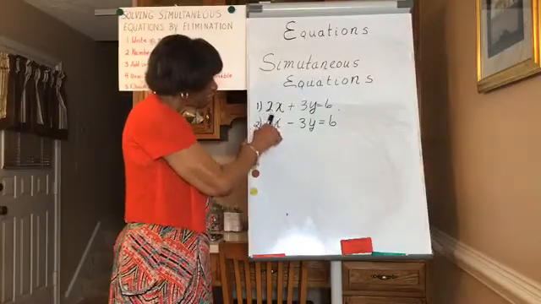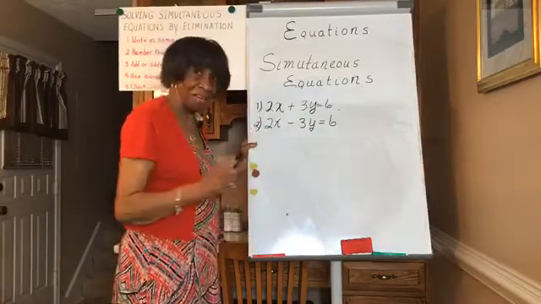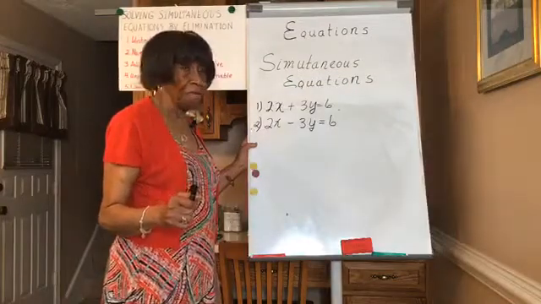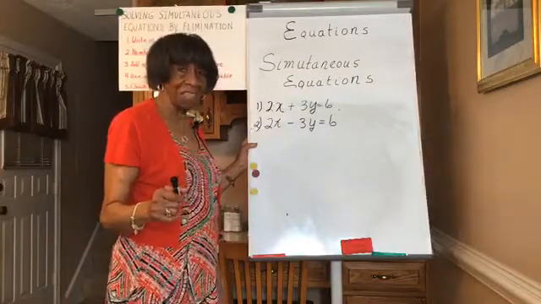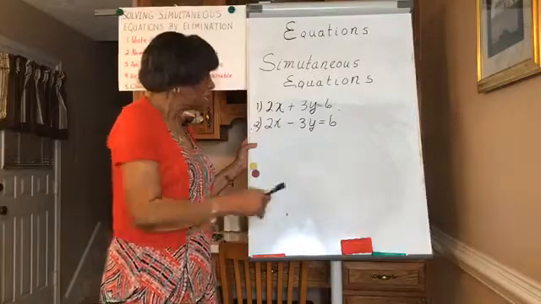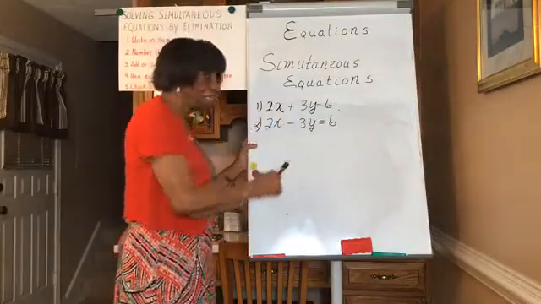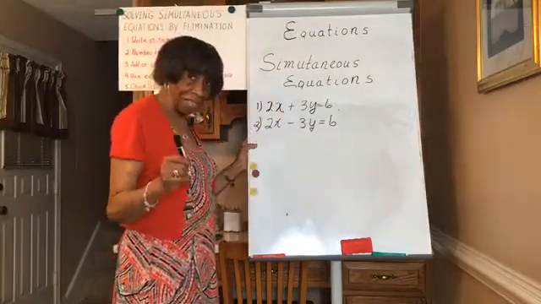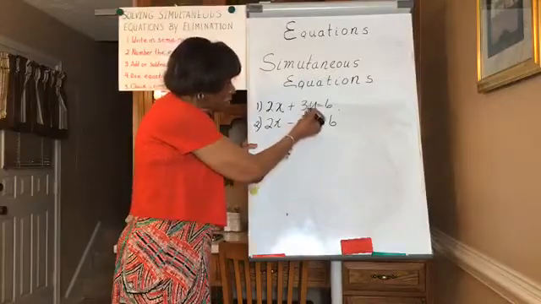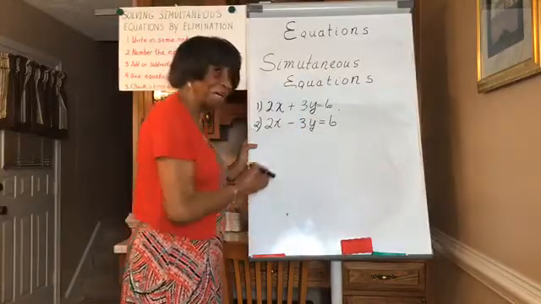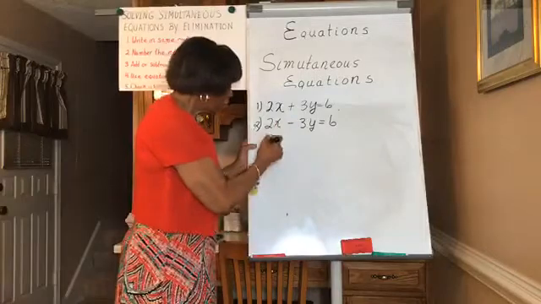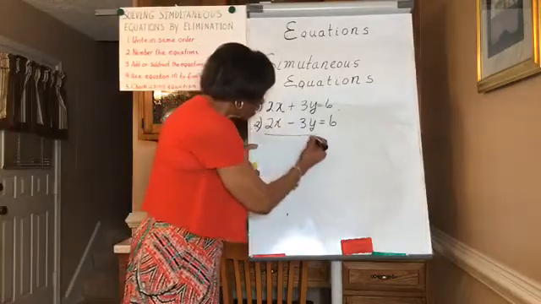Here I have 2x and 2x, but if I add that, I'm going to get 4x. That's more. So I can't eliminate the x's by adding. Can I eliminate the y's by adding? Yes, because one is positive 3y and the other is negative 3y. All right, so we're ready to begin our process.